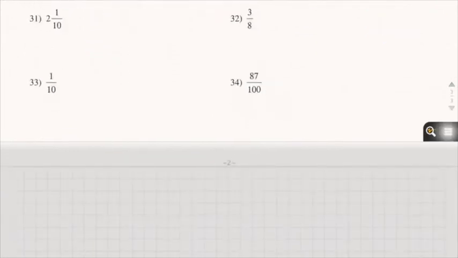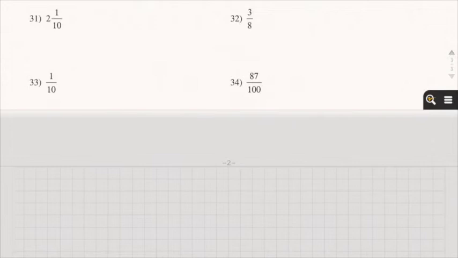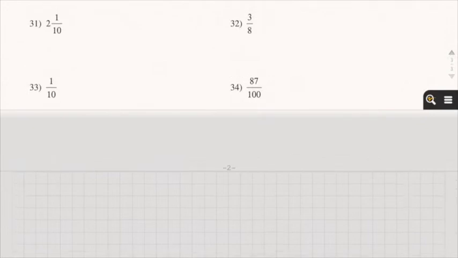Number 31. This one, there's two different ways we can solve this. We can do the 1/10 portion, convert that to a decimal, and then convert that to a percent, and then add that onto the 2, or we can do the whole thing at one time. I'm going to do both ways. So let's start with just dealing with that 1/10. We'll leave the 2 on the outside and deal with this 1/10.